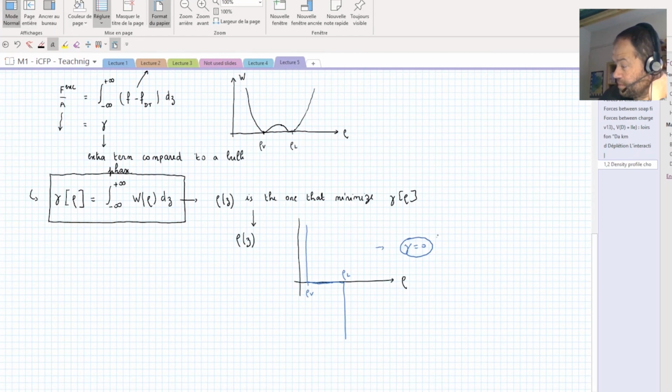And I have two problems. First of all, I have no surface tension. And the second problem is that we assumed since the beginning that we would have a continuous profile, and we find a discontinuous profile.